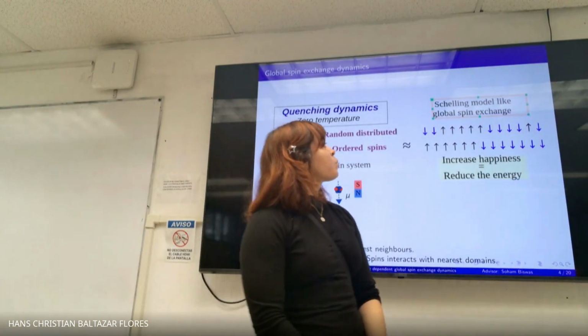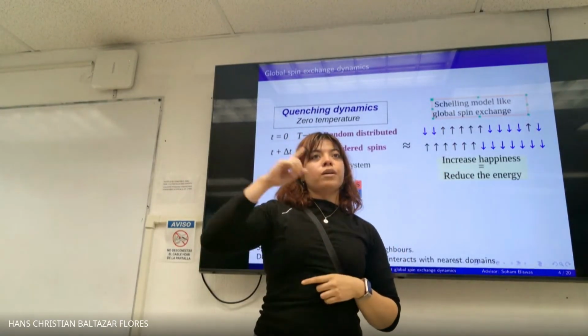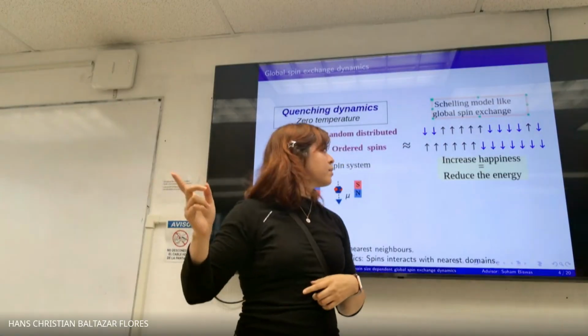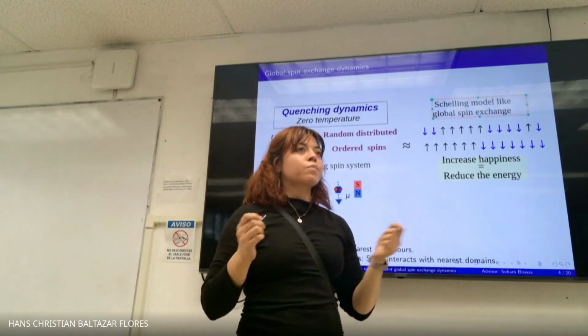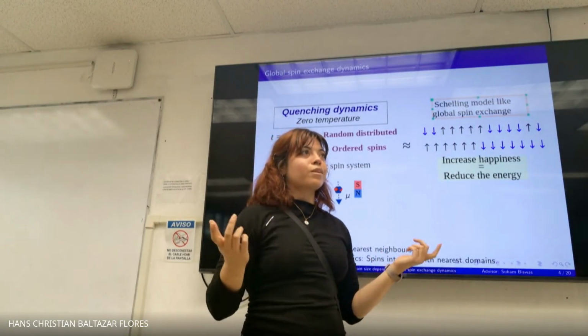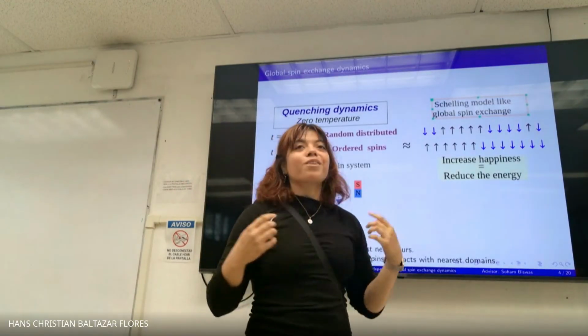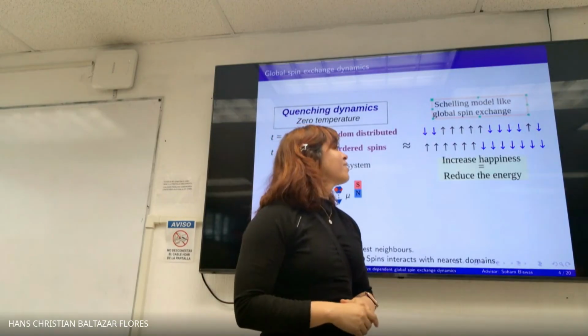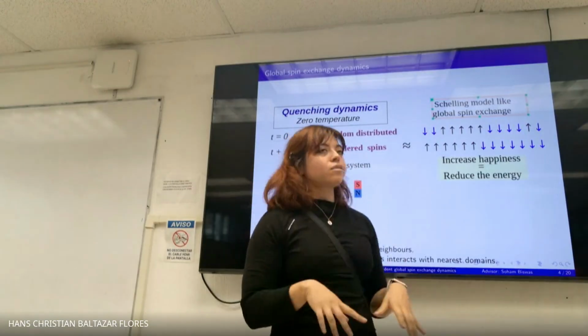Then here the spins exchange, instead of going to an empty site and increasing happiness, moving the spins to a place where they will have lower energy. That is the equivalence: increase happiness, reduce energy.